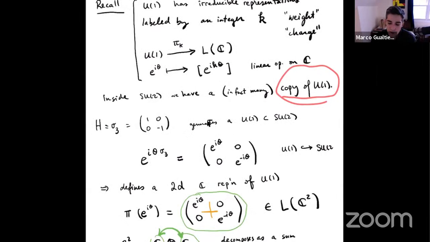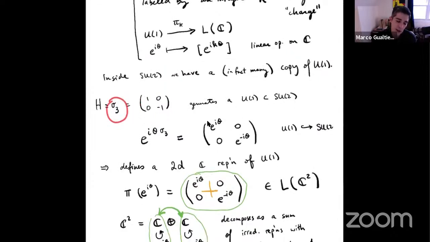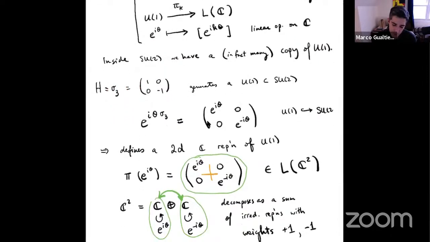And how can we see this? Well, one way to do it is to pick an element in the Lie algebra. I'm picking my favorite one, which is sigma 3. I multiply it by i theta to make it skew adjoint, and then I exponentiate it, and here you go.